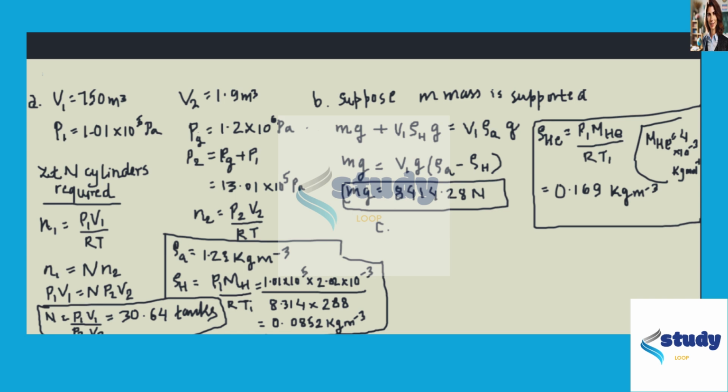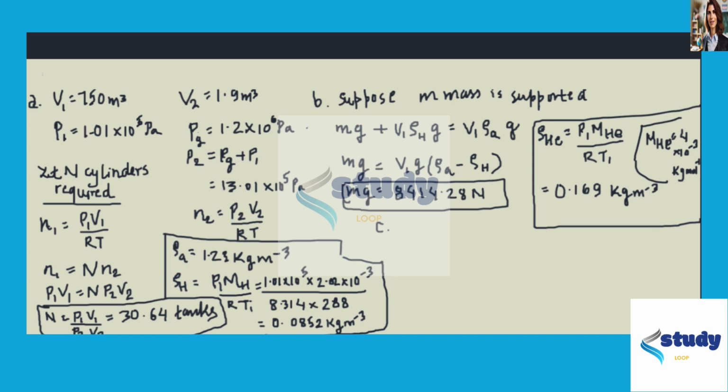Since from this equation the density is directly proportional to molecular weight, the density will also be double for helium. So double of 0.085 is about 0.17, so you can do it that way as well.